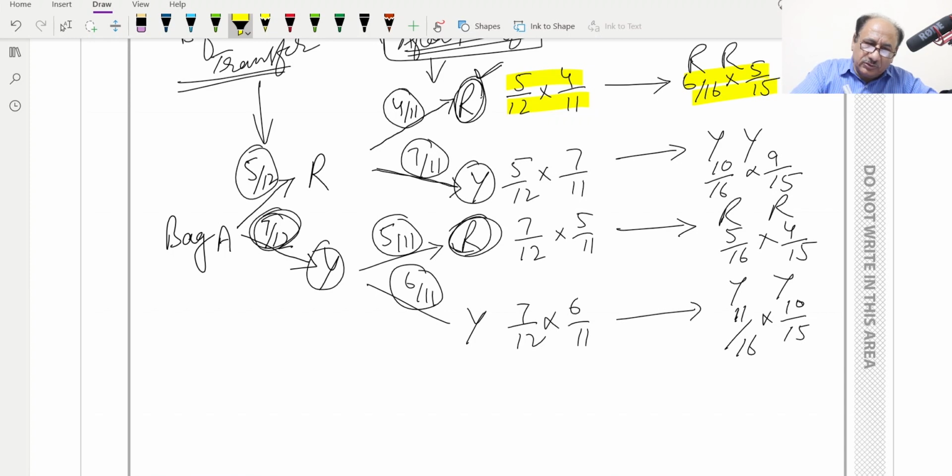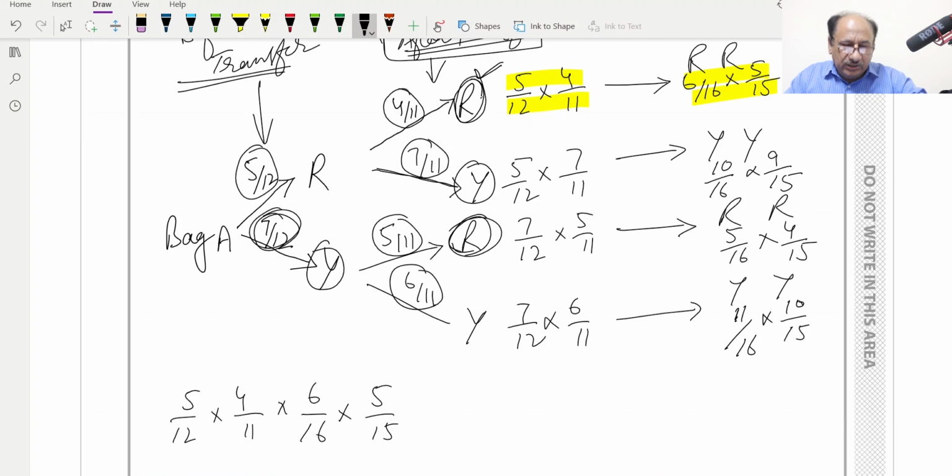This will be one option, so I'm writing over here 5 over 12 multiplied by 4 over 11, and this will be multiplied by 6 over 16 multiplied by 5 over 15.